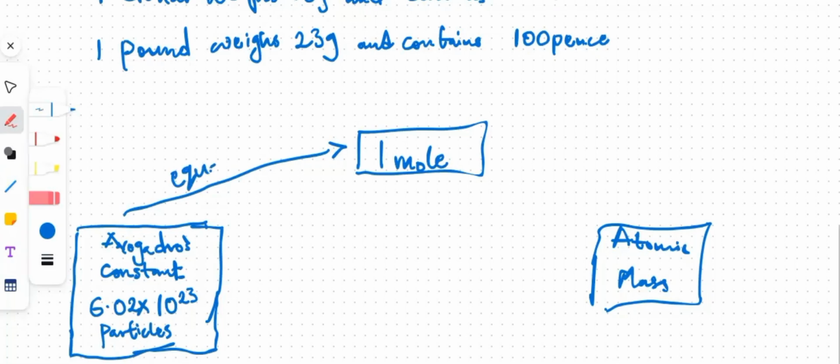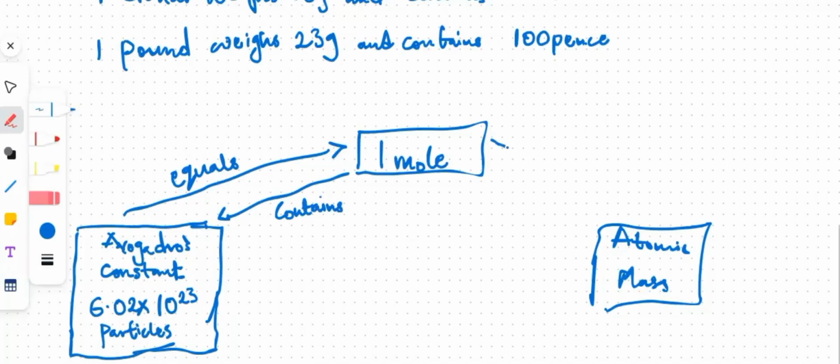And 1 mole of a substance contains 6.02 times 10 to the power 23.